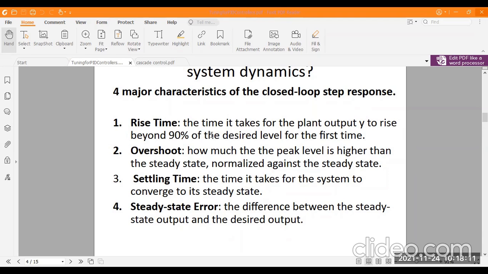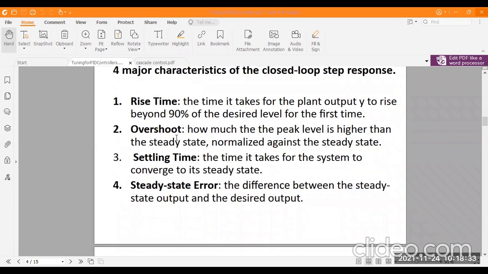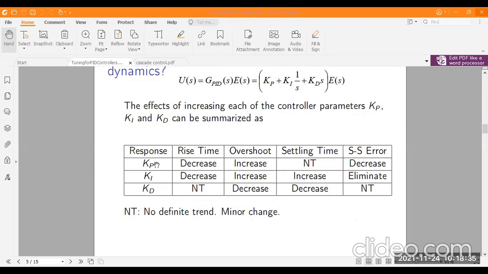Within this time, the response has to reach 90%. So with the proportional controller, the rise time, the starting time, is decreased.